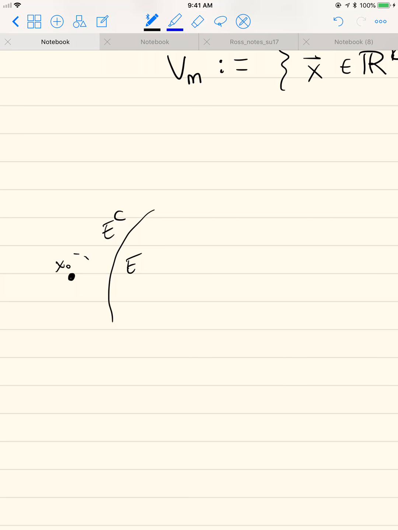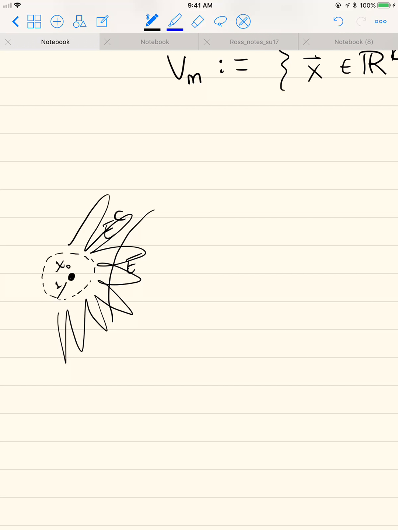So V1 means, if this is 1, I want all the points whose distance from x naught is more than 1. So I'm looking at everybody out here. All of that is V1. Does that make sense?